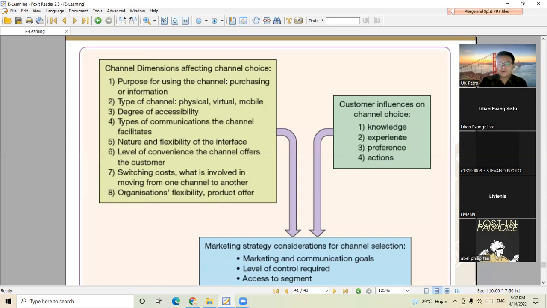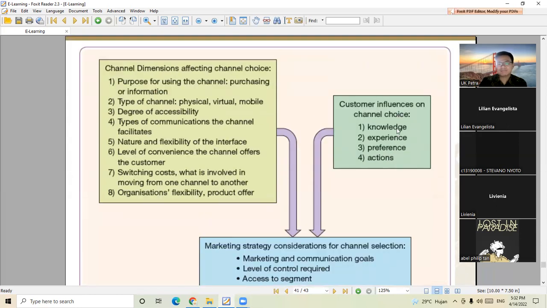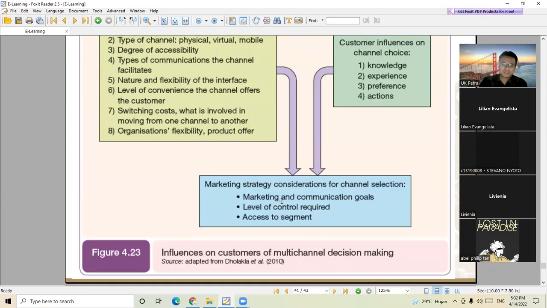And on the right side is the customer influence on channel choice. So actually this part is the consumer behavior part, like their knowledge, their experience, their preference, their actions, and both of these will influence the marketing strategy.